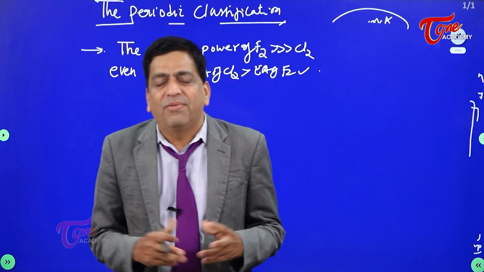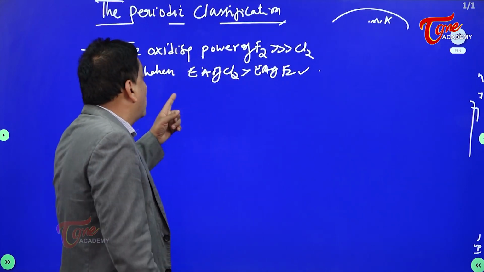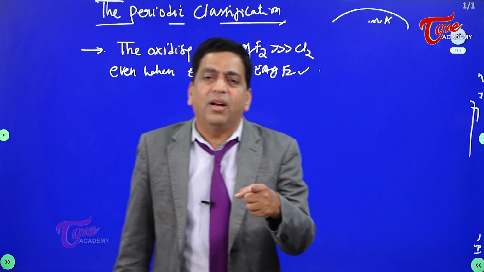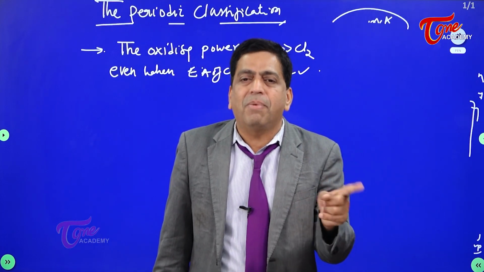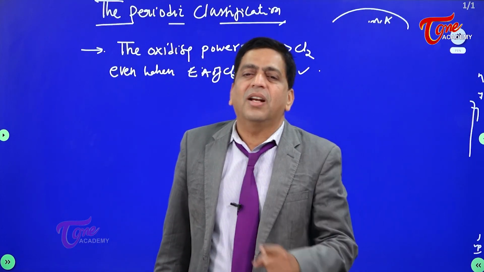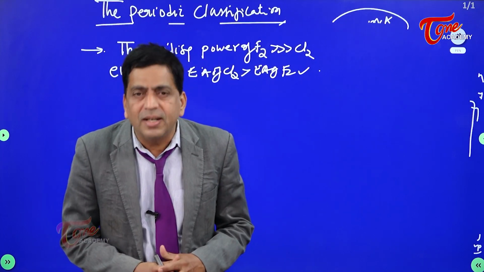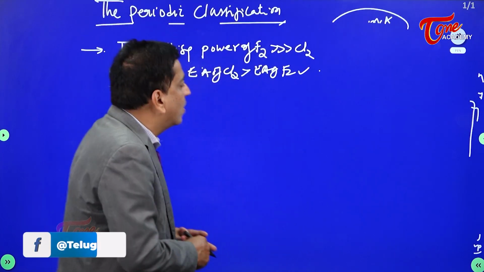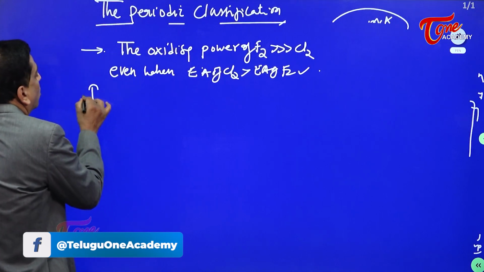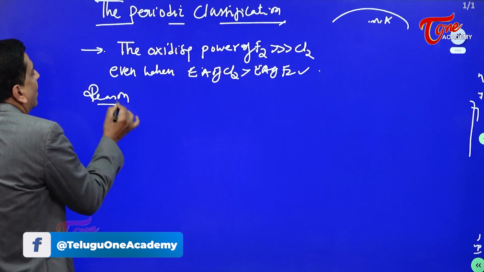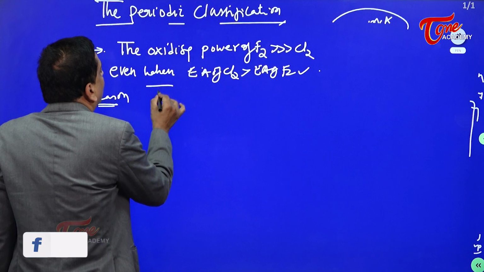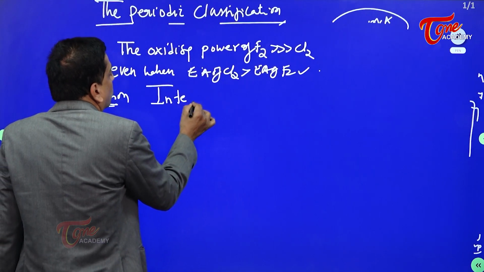Right? But the electron affinity of chlorine is greater than the electron affinity of fluorine, but still the oxidizing power of fluorine is better than chlorine. You need to give a reasoning for that. So I was telling you the reason for that, and you will get this question in the exam. The reason for that is basically interelectronic repulsions.